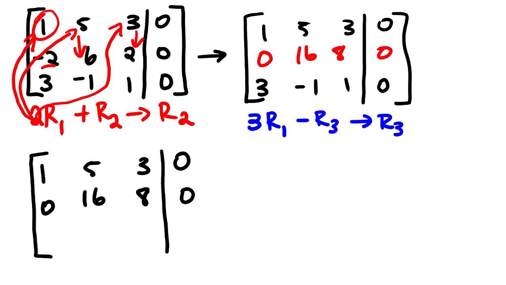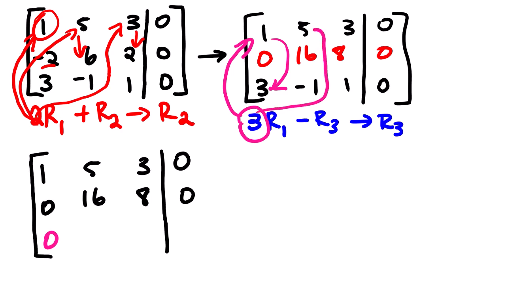Now let us perform the row operation. 3 multiplied by 1 is 3, minus 3, we have 0. 3 multiplied by 5 is 15, 15 minus 1 is 16. 3 multiplied by 3 is 9, 9 minus 1, we have 8.